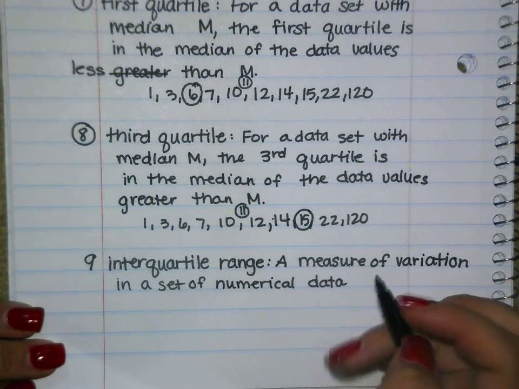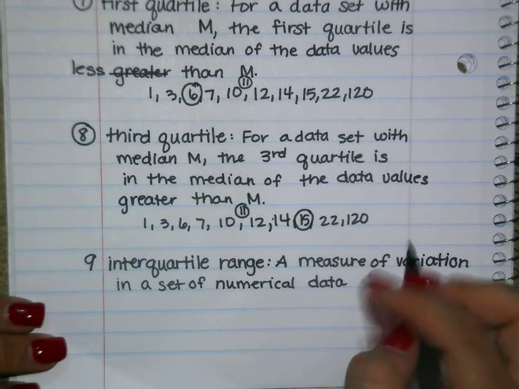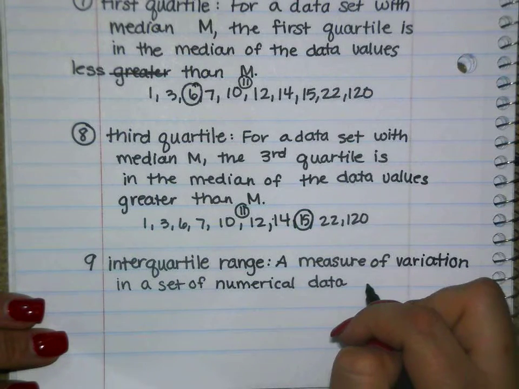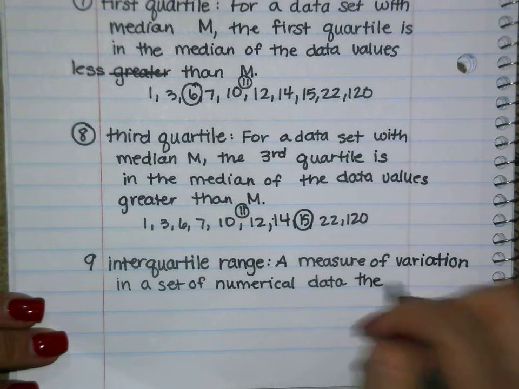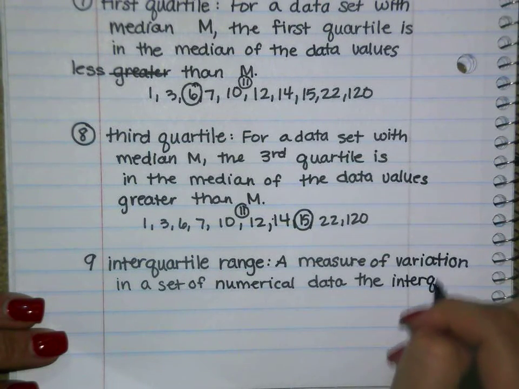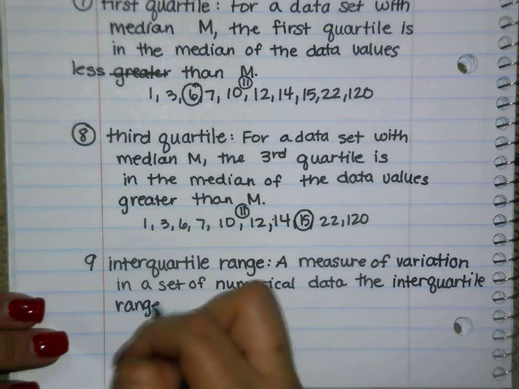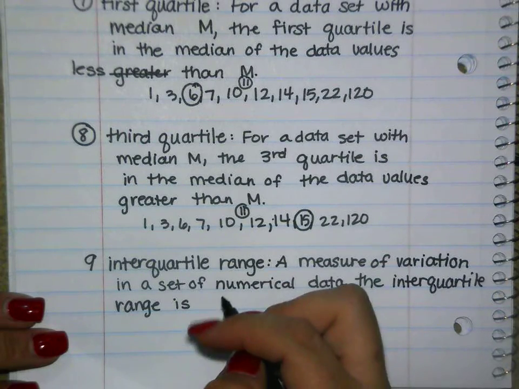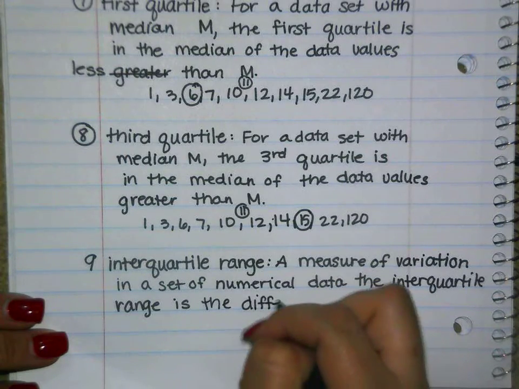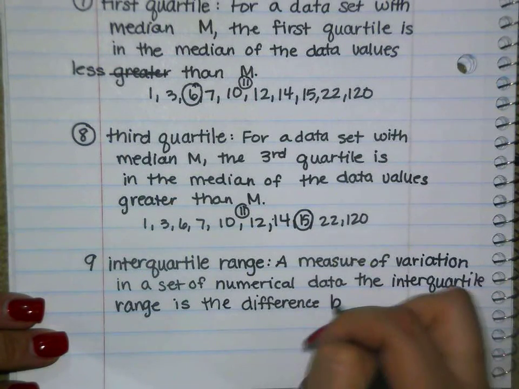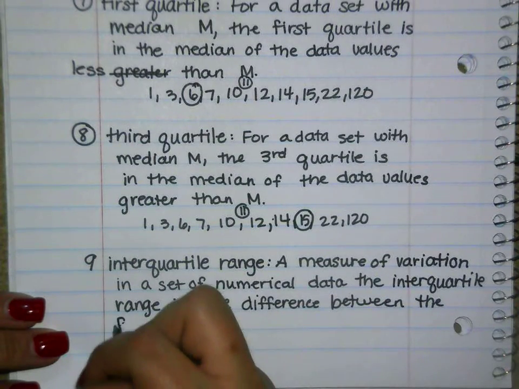The interquartile range is the distance, let's write difference, between the first and third quartiles.